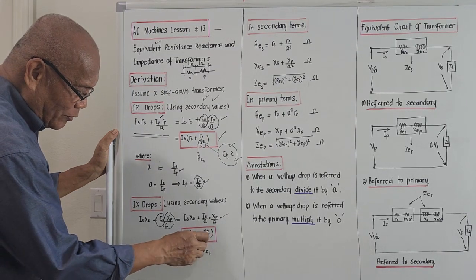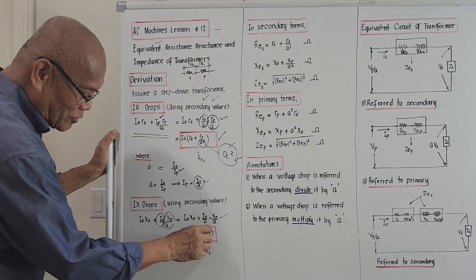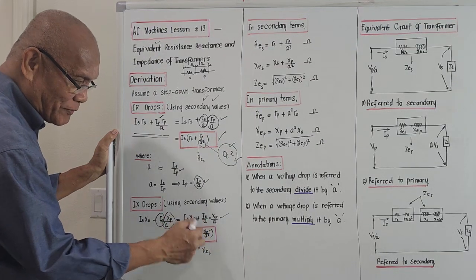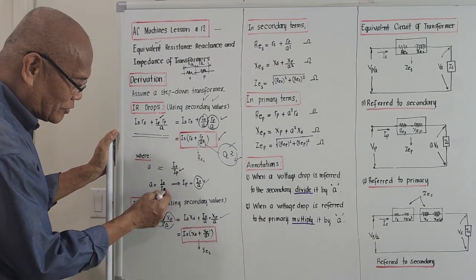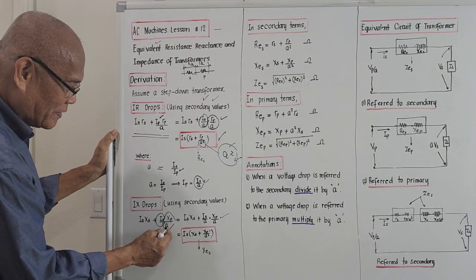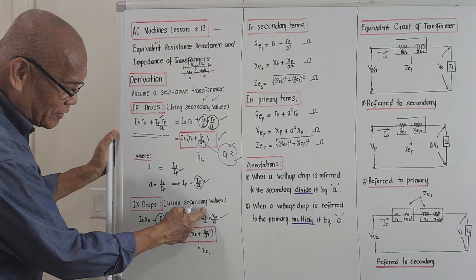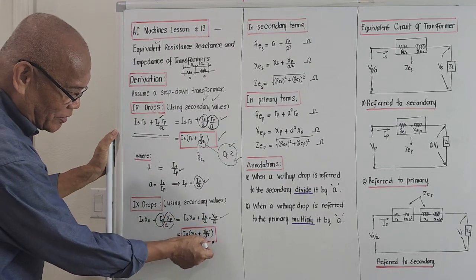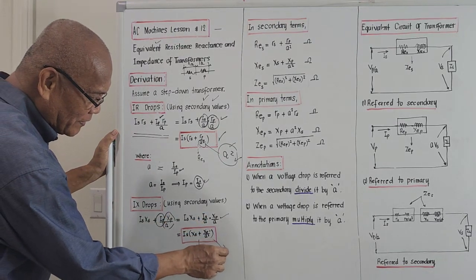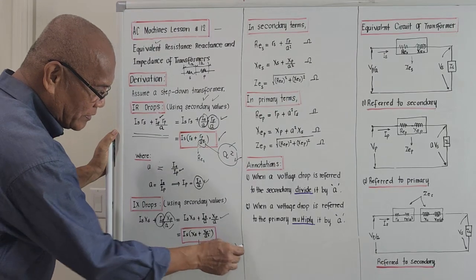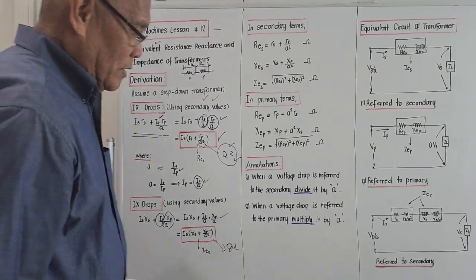Don't worry with the value XP because we converted this one already as referred to the secondary by the division of A here. And the other A emanates from the value IS over A. So again, there is an A square over here.